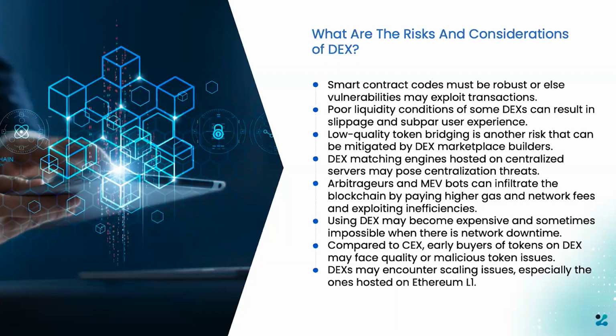And then, there are MEV bots, which stands for maximal extractable value, or arbitrageurs who can basically take advantage. For example, there's a front-running problem. That is a typical problem because, blockchain being open, all the transactions that are being placed can be seen by the validators.